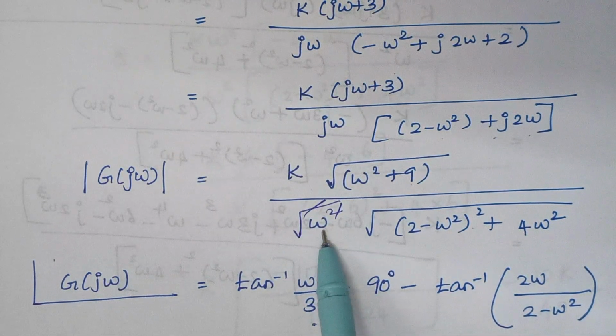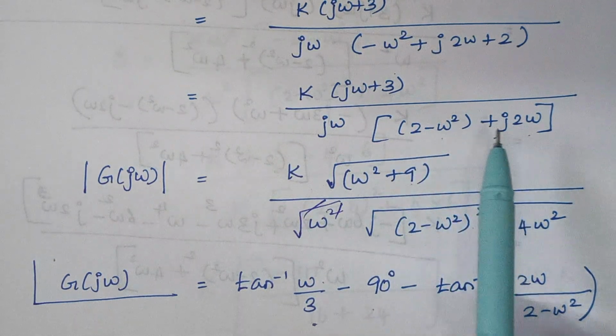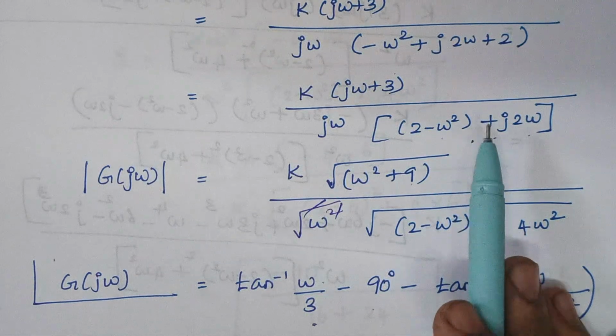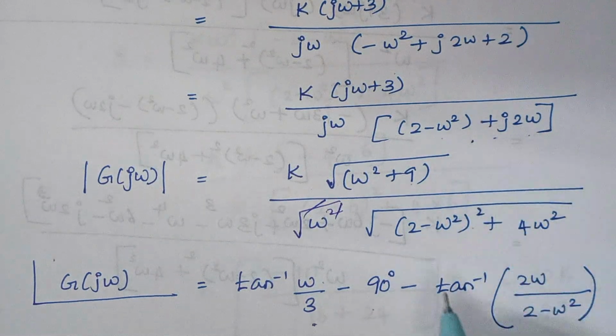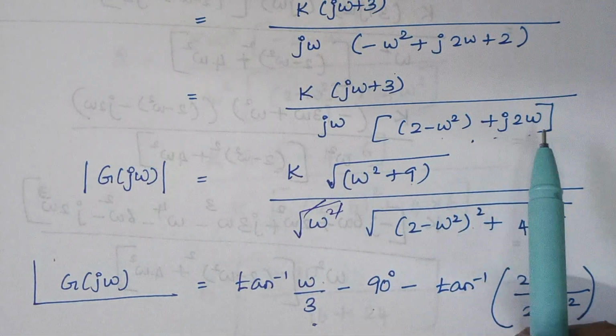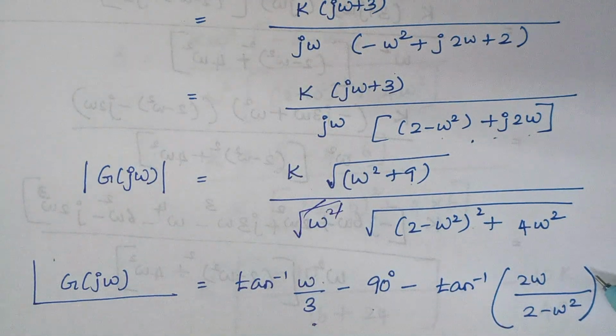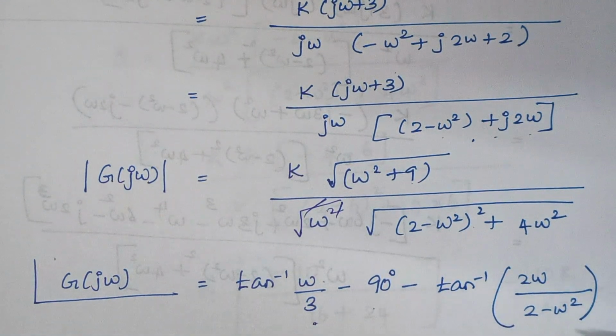And I am moving this omega to the numerator part, so a minus is included. And again, when you look back at this expression, this is a denominator term. I am going to move this to the numerator part. So again a minus is here. And tan inverse of the imaginary coefficient is 2 omega and the real term coefficient is 2 minus omega square. So here we have finally come up with an expression.